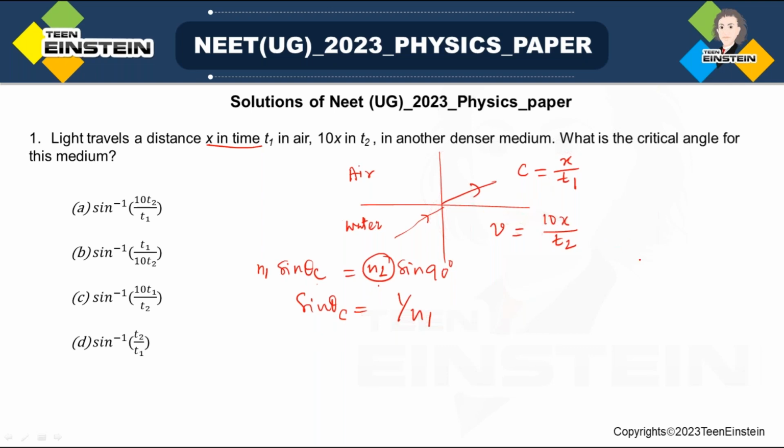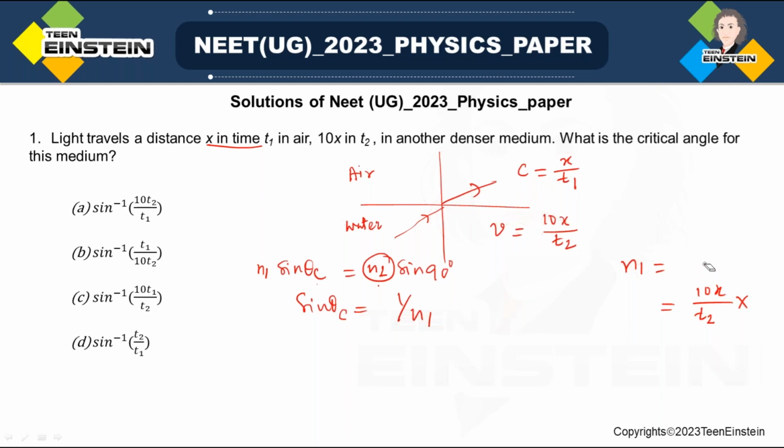So what we need to find out is the refractive index. So how do we define refractive index? In this case, n1 will be v by c, that is v is 10x by t2 and by c, oh no, I'm sorry, c by v.